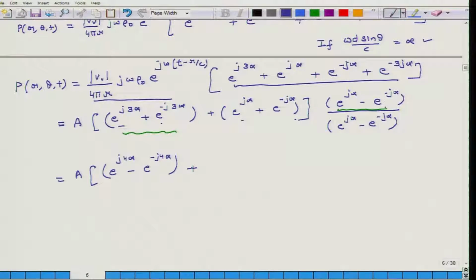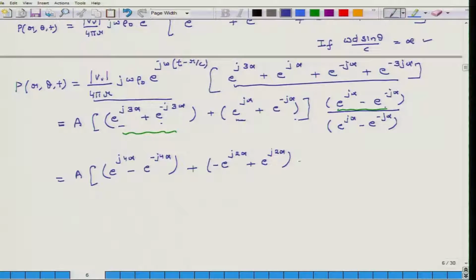And then, if I multiply 3 alpha with minus alpha, I get minus E j 2 alpha, and if I multiply this j alpha with j alpha, I get E j 2 alpha.